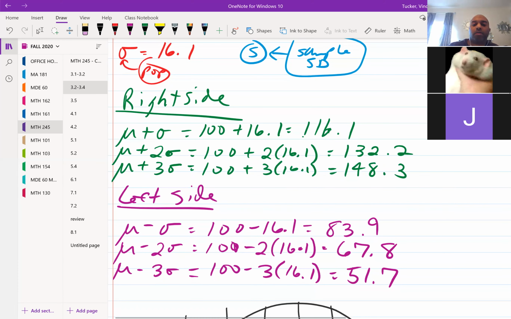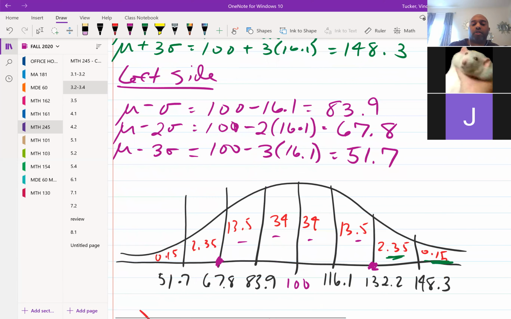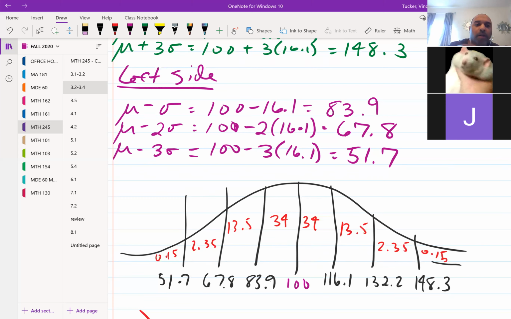All right, scrolling up. So when you look at what we have, and I got all of these, see if I can erase this stuff. So once again, the percentages don't change. That 34%, 13.5, 2.3, 0.15 on both sides of your mean do not change.